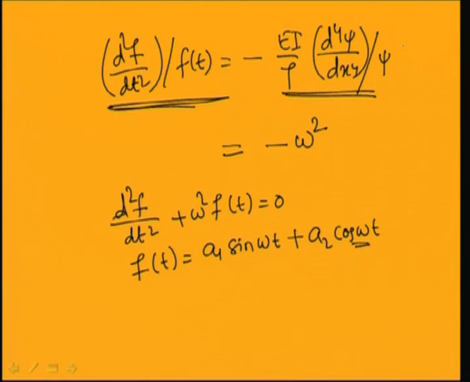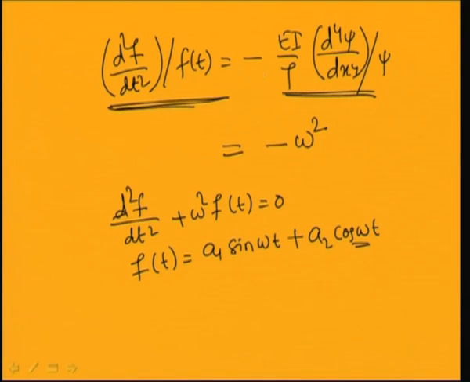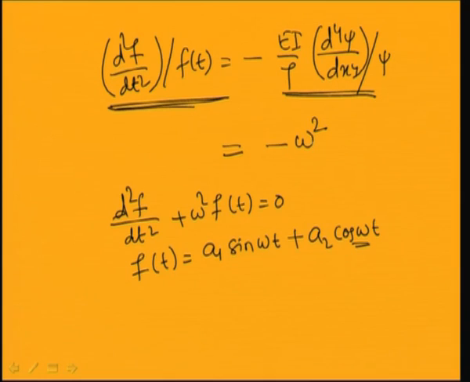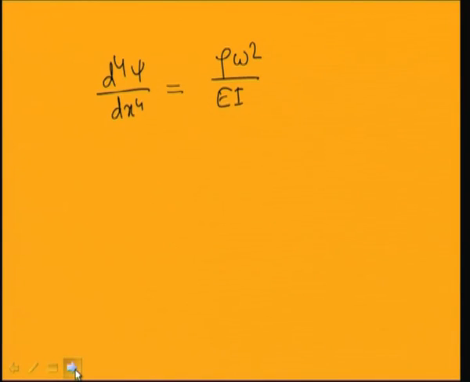Now, in the other equation, that is minus EI by rho d fourth psi by dx fourth by psi equal to minus omega square, one can write d fourth psi by dx fourth equals minus omega square by minus EI by rho. So, this becomes rho omega square by EI times psi x equal to 0.